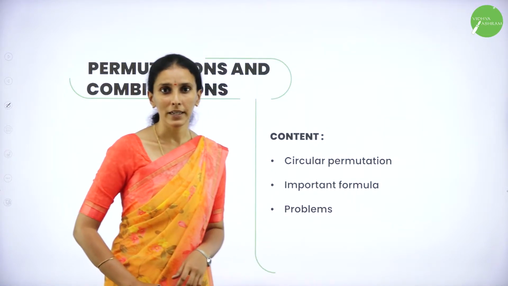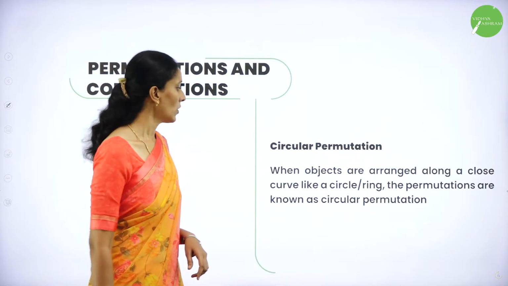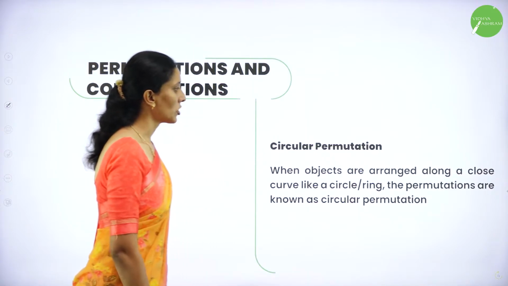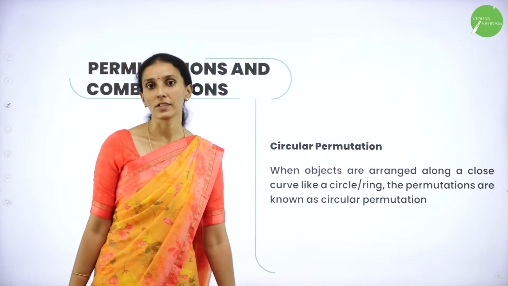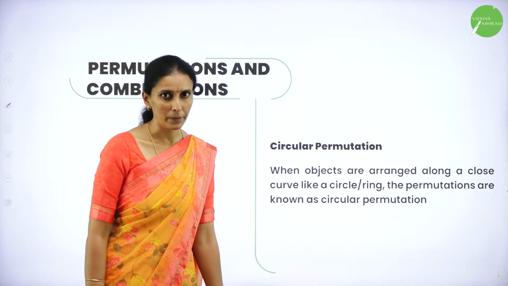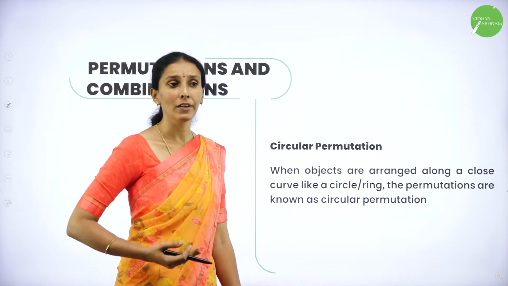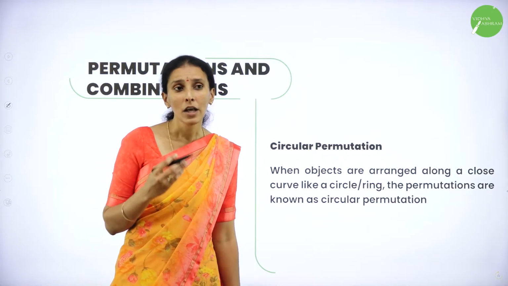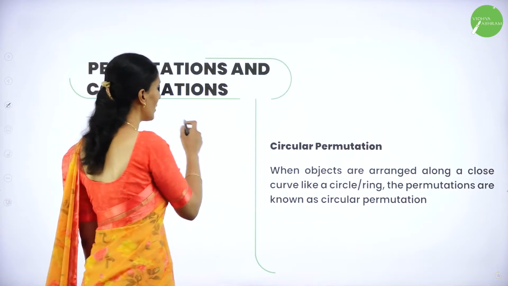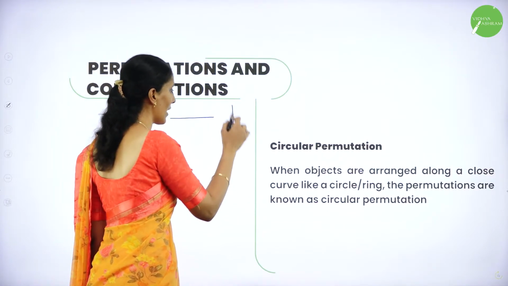So what do you mean by circular permutation? When objects are arranged along a closed curve like a circle or ring, the permutation is known as circular permutation. What about the permutation we learnt in the previous session? They are called linear permutation. Why is it linear? Because we make the arrangement through a straight line, either like this or like this.